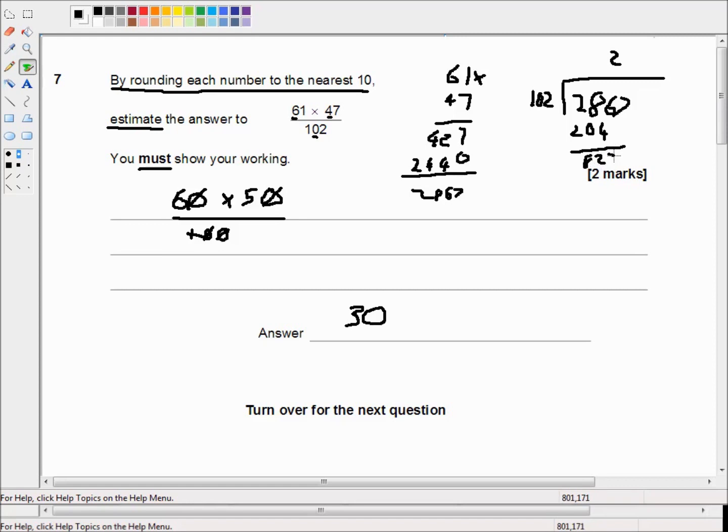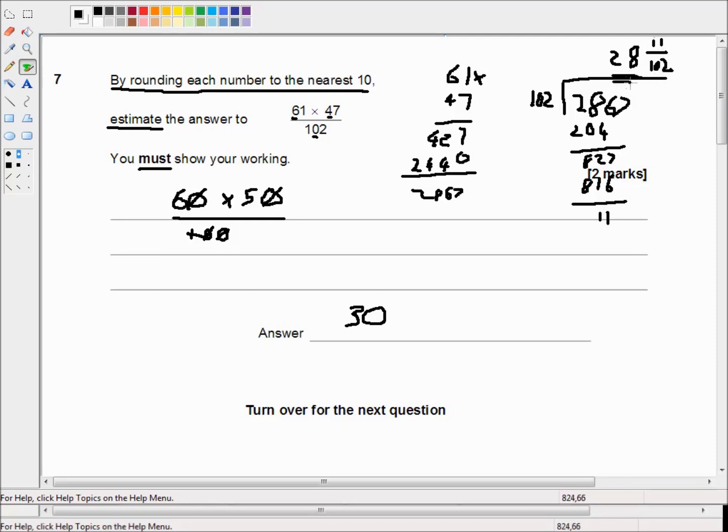Bring down the 7, well that's going to go 8 times. 8 times 102 is 816, because 2 times 8 is 16. 8 times 100 is 800. So take that away, that leaves what? 11. So the exact answer is 28 and 11 over 102, or 11 102nds.